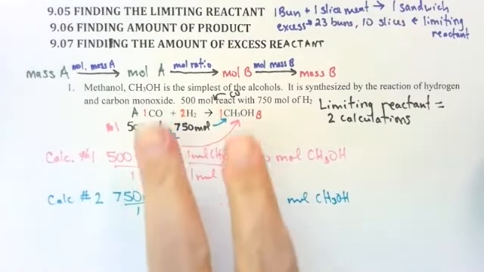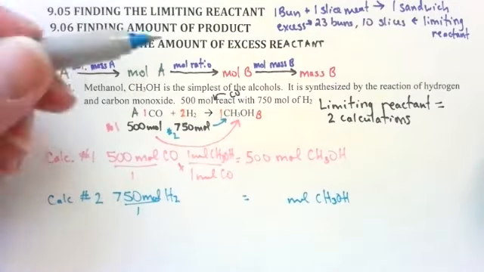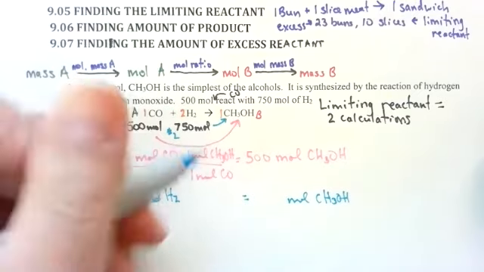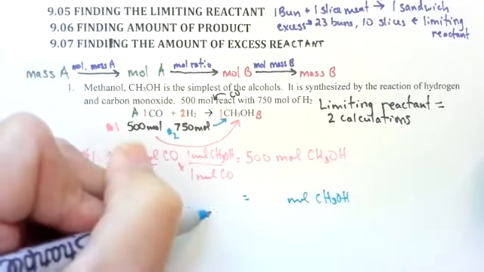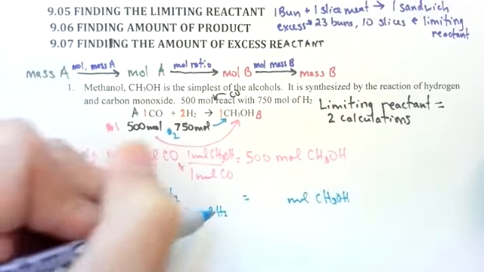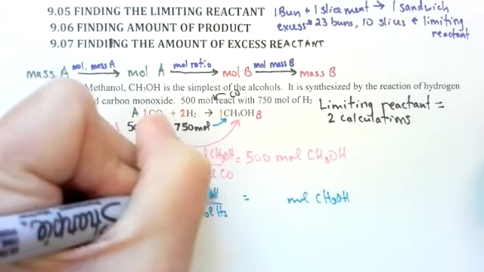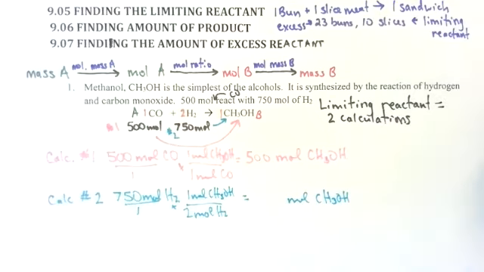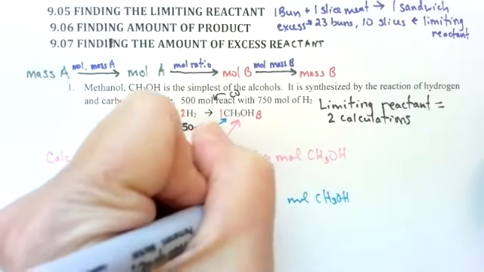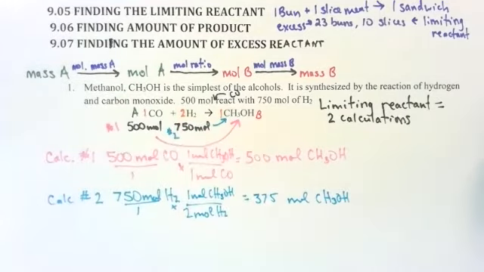So because I'm going mole to mole, I just need the mole ratio. In this case, I have a 2-to-1 mole ratio. So I have 2 moles of H2 to 1 mole CH3OH. And so when I multiply and divide, I end up with 375.